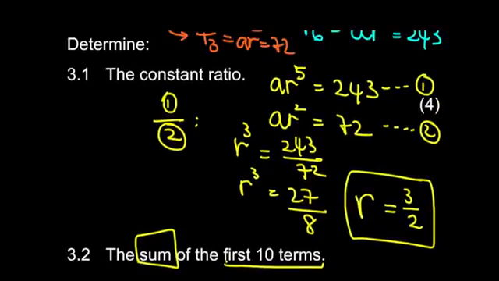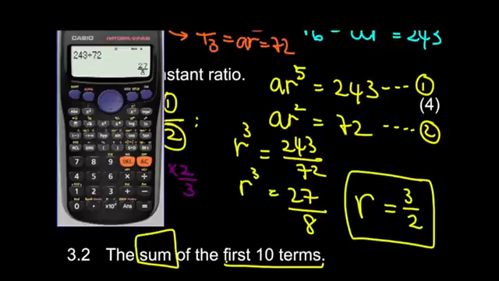we can work out over here, A is 72 divided by 3 over 2, so it's times 2 over 3. So that would give us 9, 3, 3, 8, 24 times 2 is 48. So it looks like A is 48.